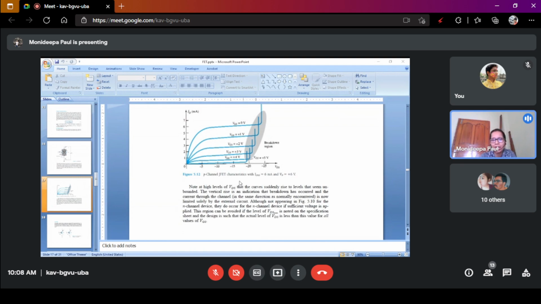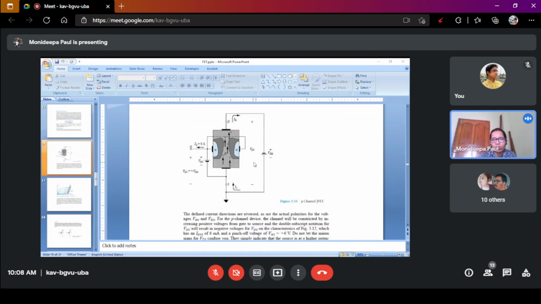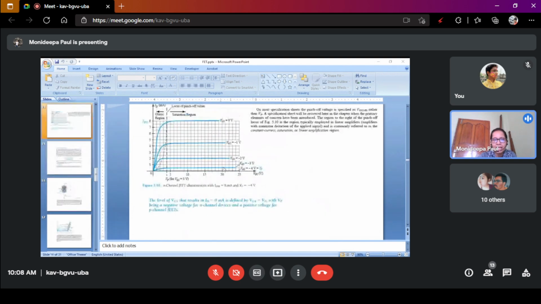If you see this figure, these are the N channel characteristics, the curve between ID and VDS. If VGS is 0, saturation current is more. If VGS is minus 4 volt, saturation current is 0. We always maintain the VGS negative between 0 and VP.